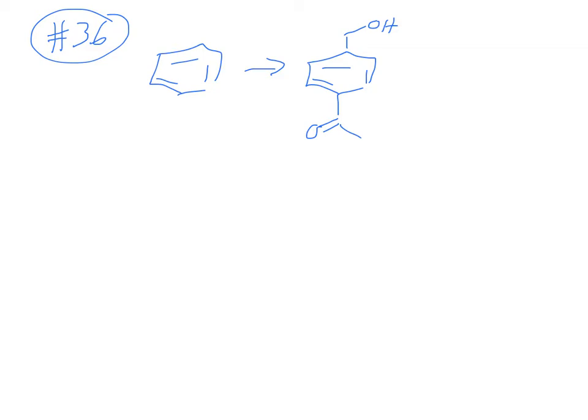You know they're para to each other. So if we just analyze this tangentially, everybody can agree that these things are para to each other. So at one point, one of the things had to be an activator or a halogen to get it to go para.